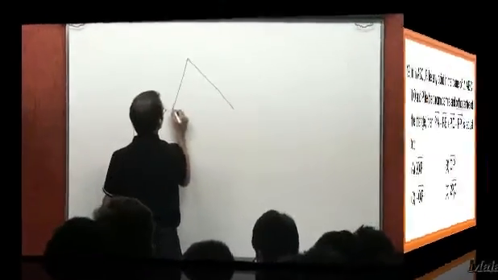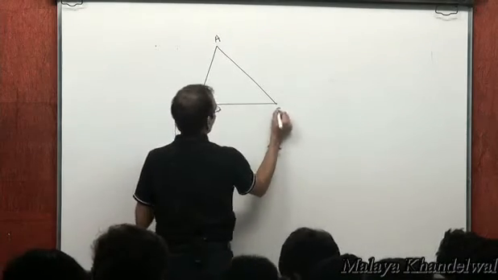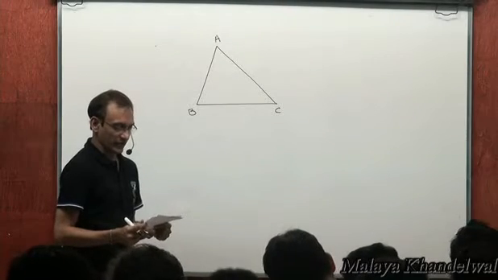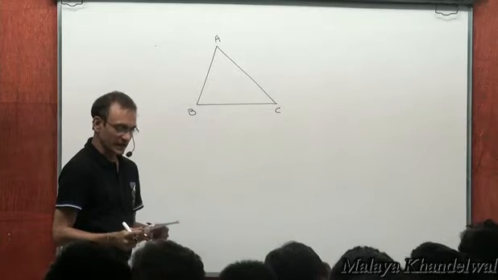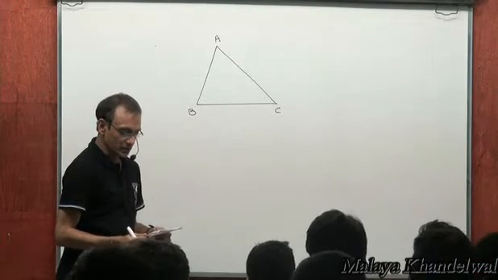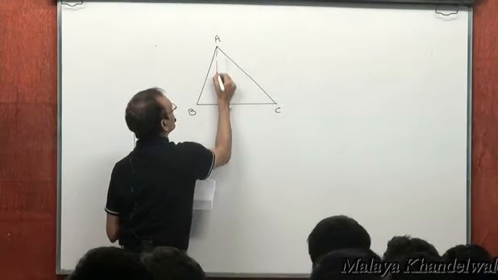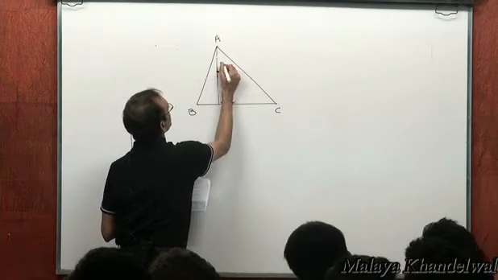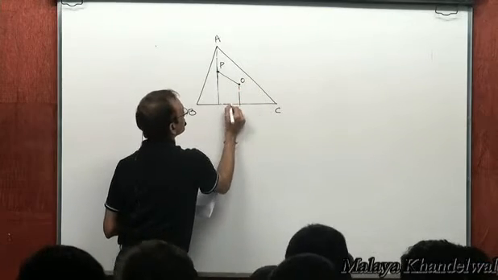Triangle ABC. P1 is any point in the plane of triangle ABC. O and P are the circumcenter and orthocenter of the triangle. P is the orthocenter and O is the circumcenter of the triangle.